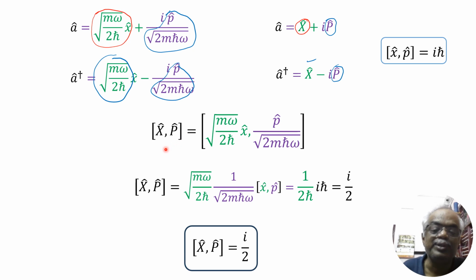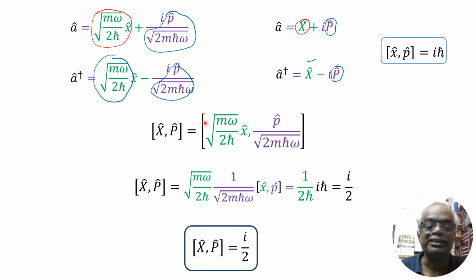So now you take the commutator between capital X hat and capital P hat. Capital X hat is square root of m omega over 2h cross times x hat, and capital P hat is equal to small p hat over square root of 2m h cross omega.